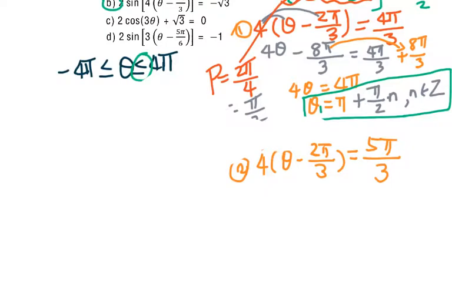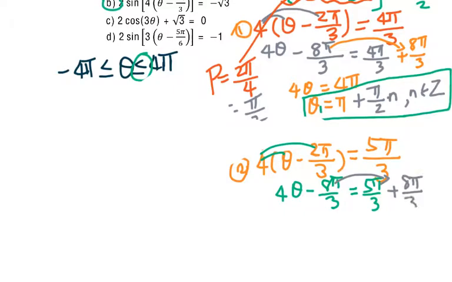So you have to do the distributive property. And then you have 4 theta minus 8 pi over 3 equal to 5 pi over 3. Then you cross the river, change the sign, and add 8 pi over 3. So your 4 theta equals 13 pi over 3. Then I divide both sides by 4.